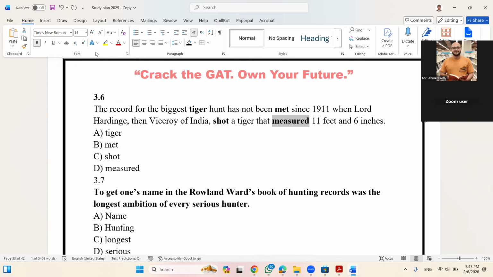What is it about? Ask yourself. It's about a tiger hunt, and by the way, it talks about the biggest tiger, the biggest tiger that has been hunted before.